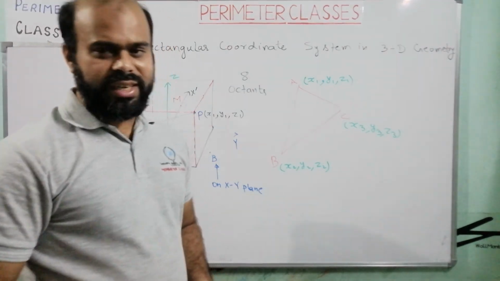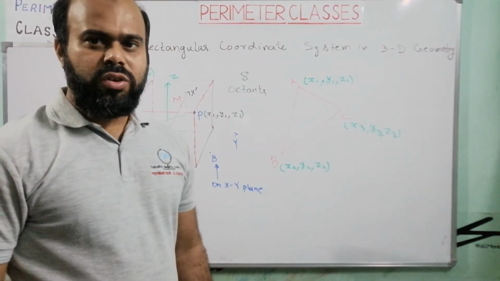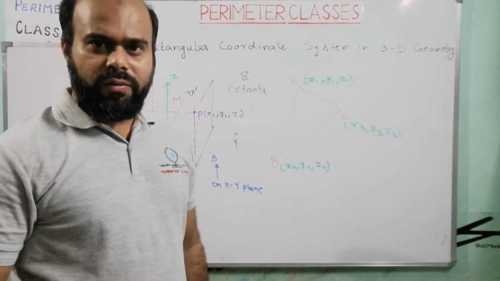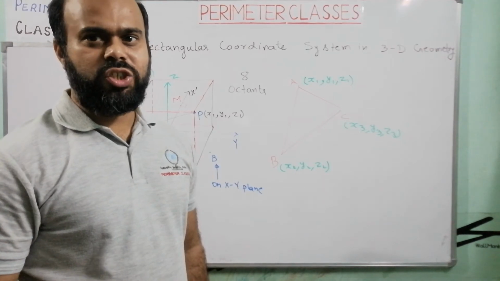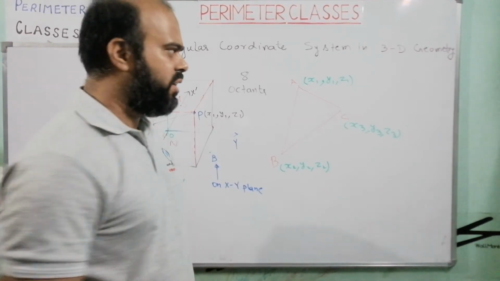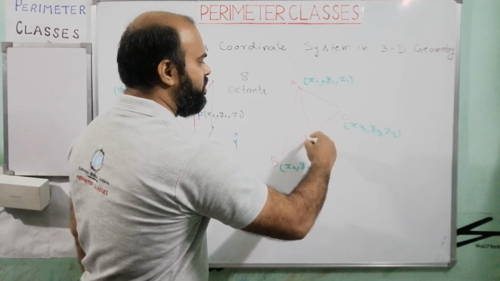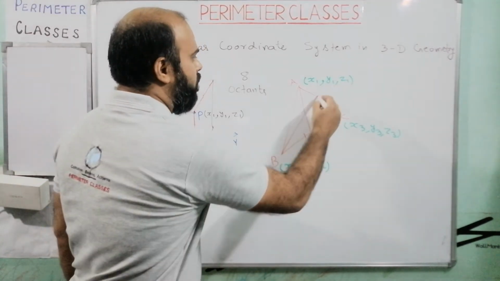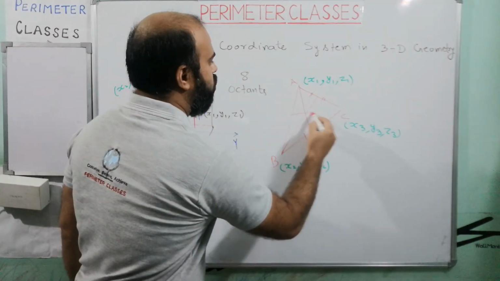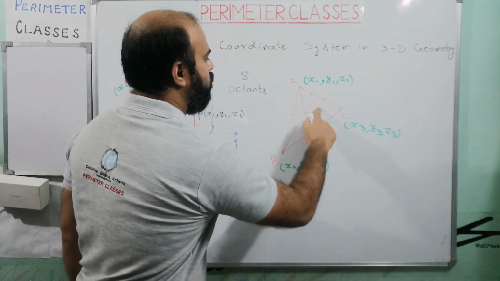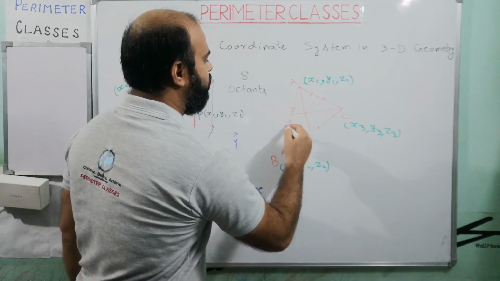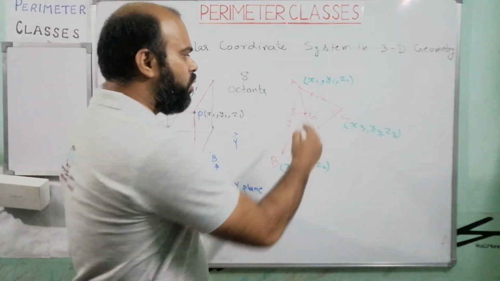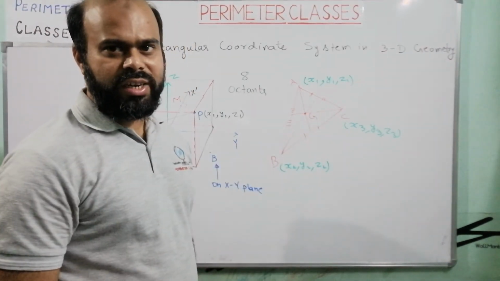If you want to find the centroid of this triangle, you remember centroid is the point of concurrency, or we can say the point of intersection of the medians of a triangle. What are medians? Which divide the opposite side into two equal parts and are drawn from a vertex. So there is a point of concurrency of the medians, and this is denoted by G, which is the centroid of the triangle.